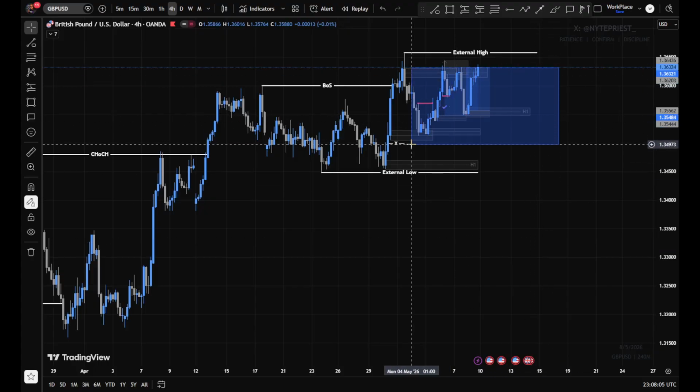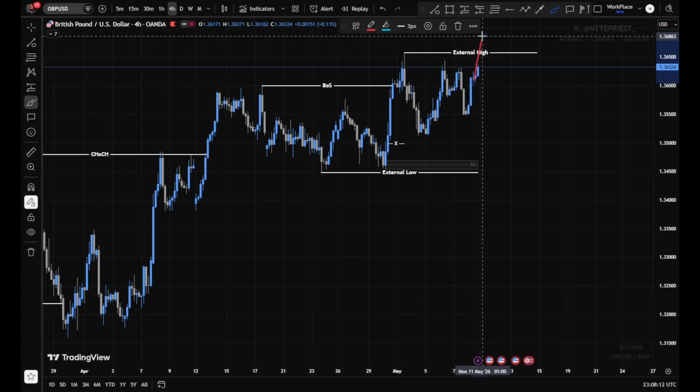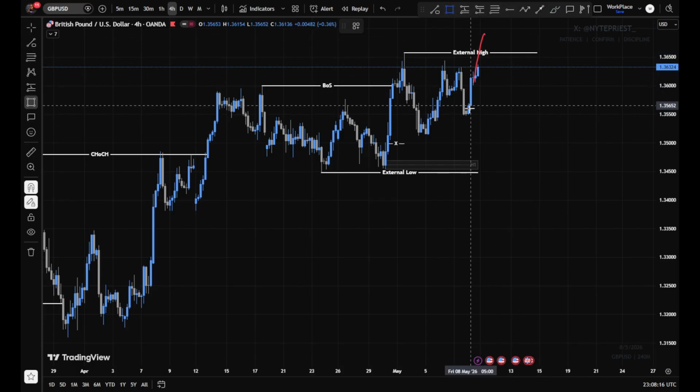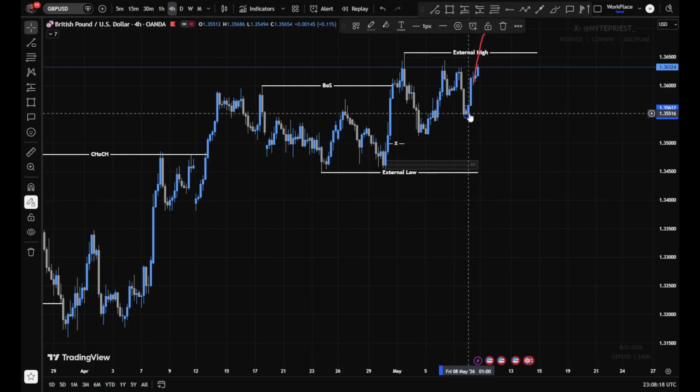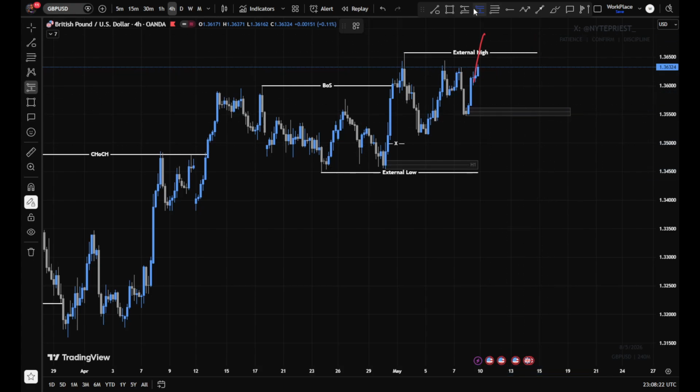Okay. So next week, we'll be waiting for price to break this zone for a break of structure to the upside. And then we'll be waiting for a mitigation on this H4 demand zone and then buy to the upside.